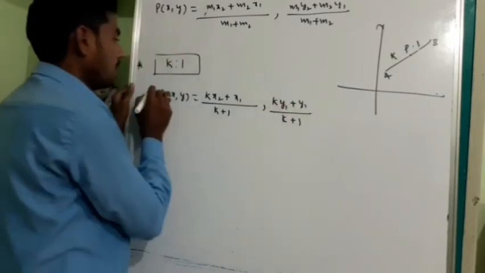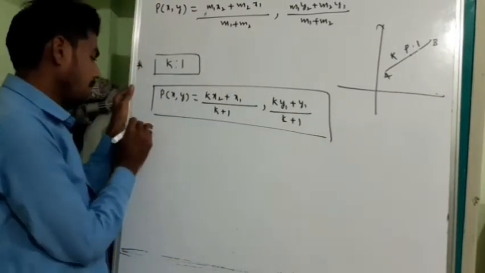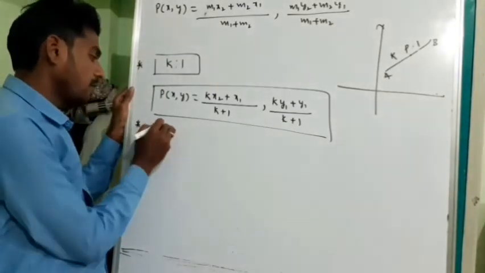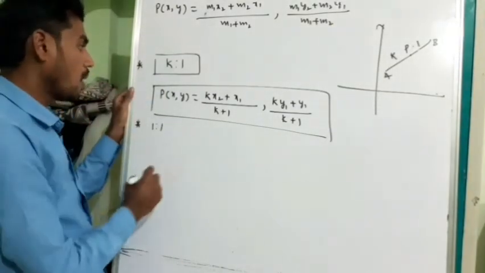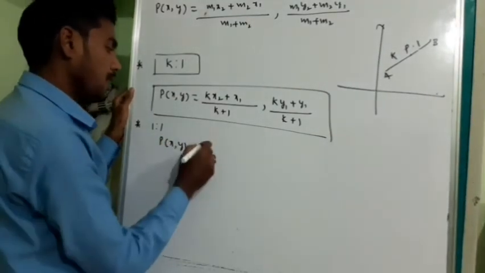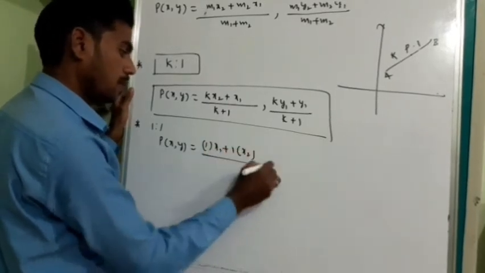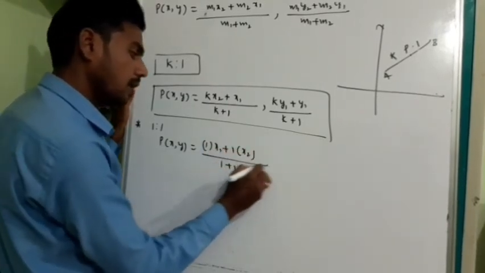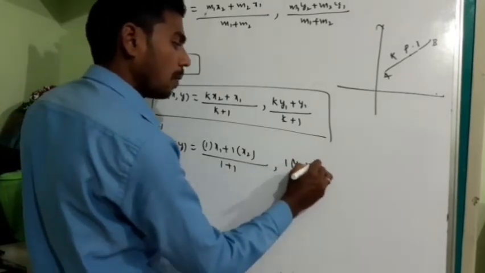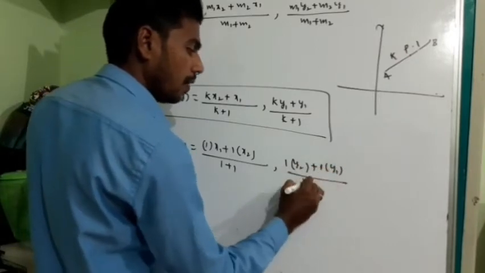This is the formula. Next, if the point P is dividing it in the ratio 1 is to 1, then what would it become? P of x y is equal to 1 into x1 plus 1 into x2 divided by 1 plus 1, comma, 1 into y2 plus 1 into y1 divided by 1 plus 1.